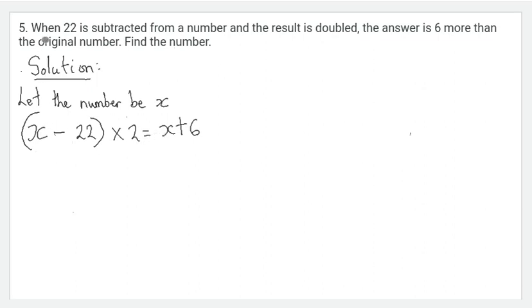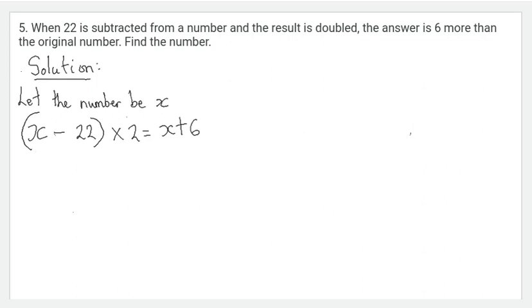I come again. When 22 is subtracted from a number, from x, and the result is doubled. So what's x minus 22? We don't know what it is. But when that result is doubled, multiplied by 2, the answer, equal to sign, is 6 more than the original number. That means you add 6 to the original number: x plus 6.